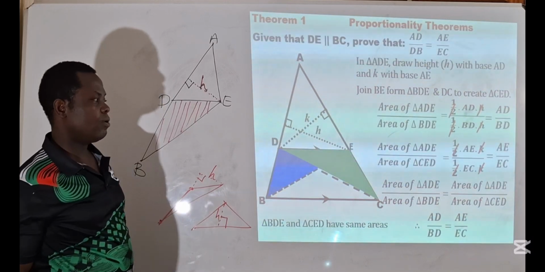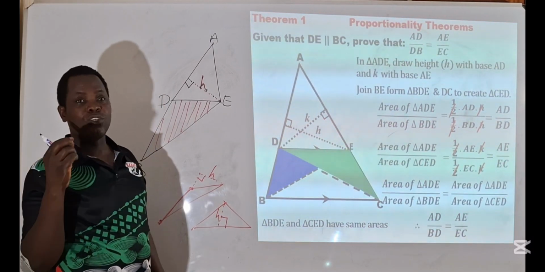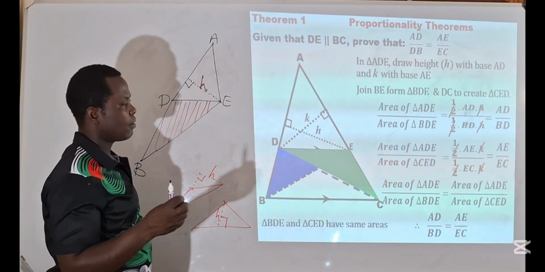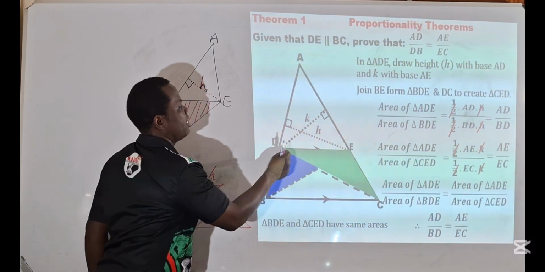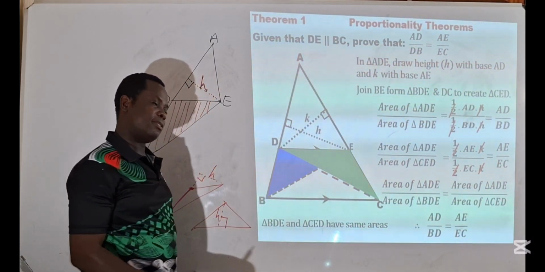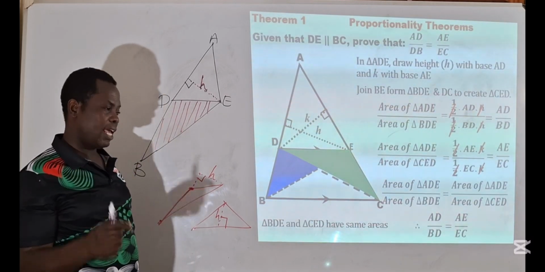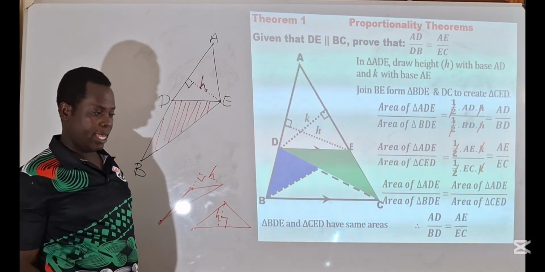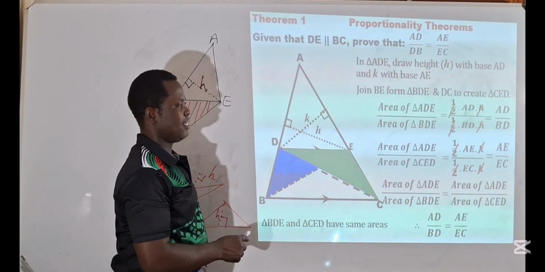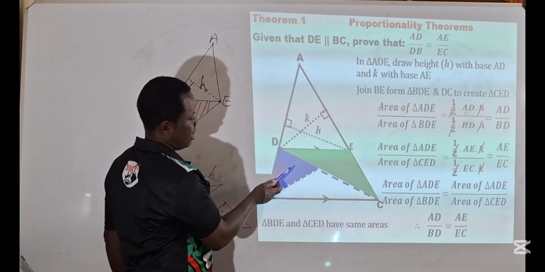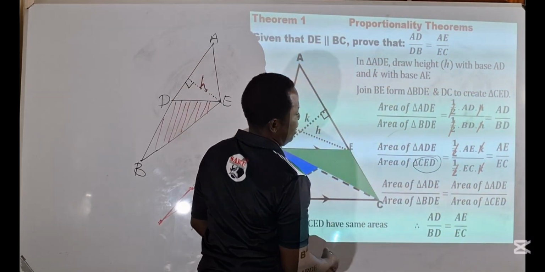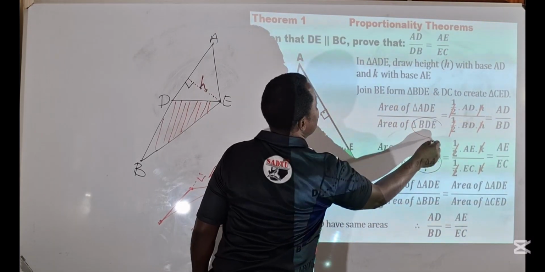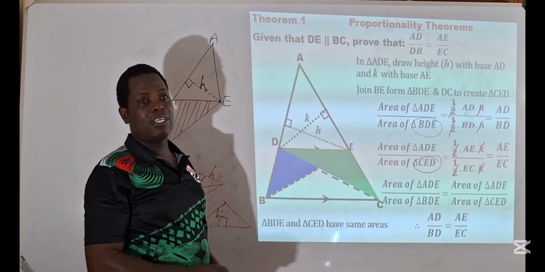And at the bottom, we need to take notice that if two triangles are between two lines and they are sharing the same base, those triangles have equal areas. So that means in this case, the area of this triangle, that is CED, and the area of triangle BDE are equal to each other.